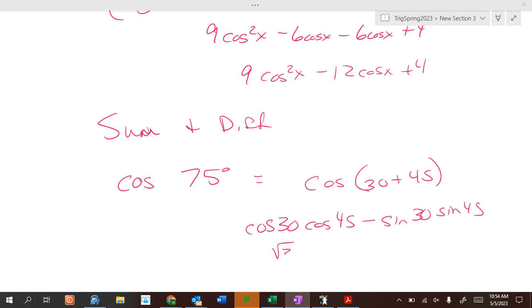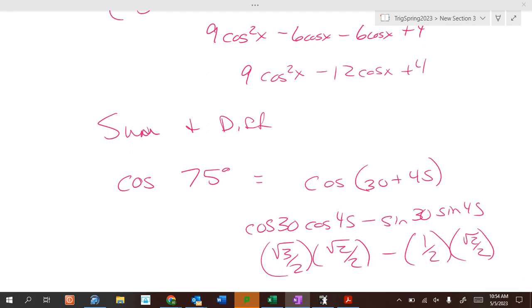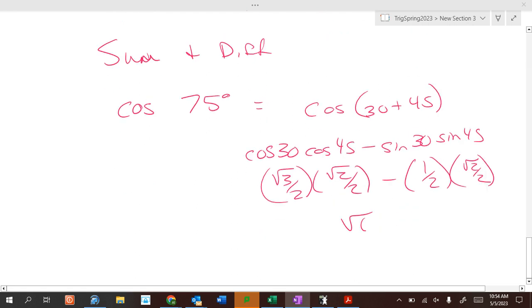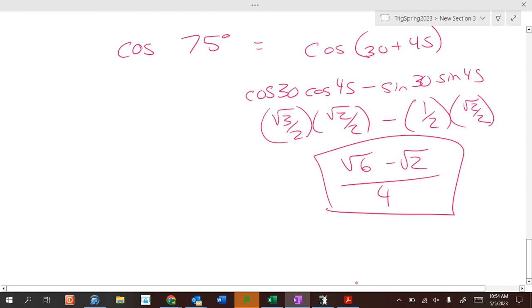So it's square root of 3 over 2, square root of 2 over 2, minus 1/2, square root of 2 over 2. So it's the square root of 6 minus the square root of 2 all over 4. Yeah, I think you guys can just use your formulas for that.